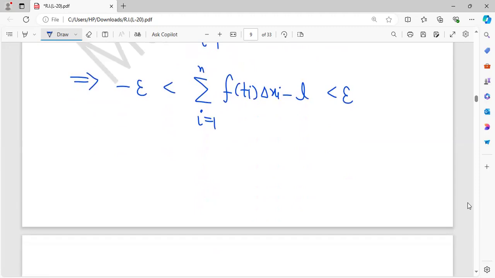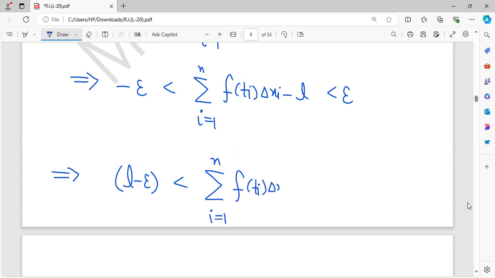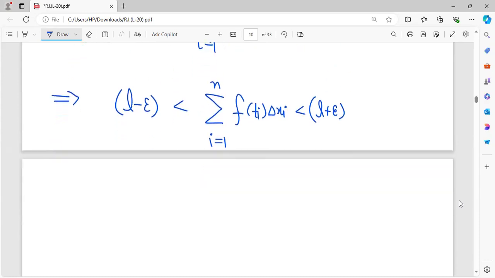So this implies L minus epsilon less than summation i goes from 1 to n f(ti) delta xi less than L plus epsilon, for all ti belongs to [xi minus 1, xi].